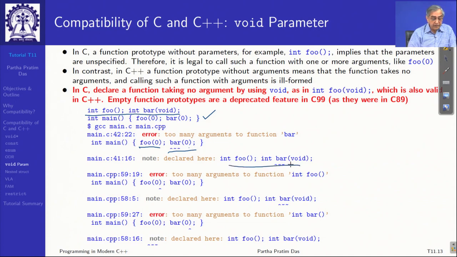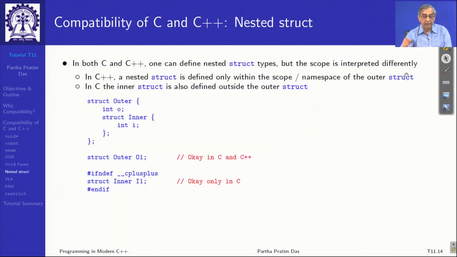In C++, foo(0) is not possible, because you have specified 0 parameters. Similarly, bar(0) is also not possible, because you have said it is void, which also means no parameters. So the same code compiled with two different compilers will have different compile-time behavior, and these are the typical compatibility issues you will face.